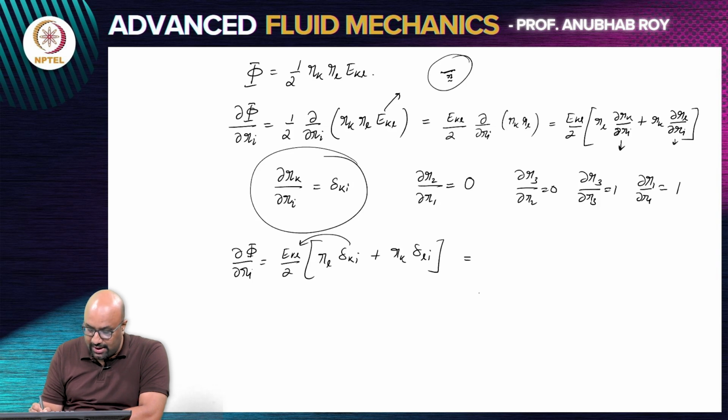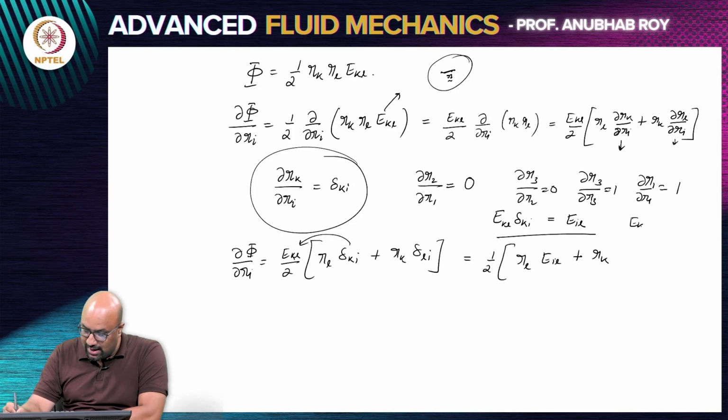Whenever the Kronecker delta is multiplied with something, it is like taking a dot product, and that index gets replaced, which means Ekl delta Ki is going to become Eil. So the first term becomes Eil. For the second term, it is Ekl delta Li, so this becomes Eki.